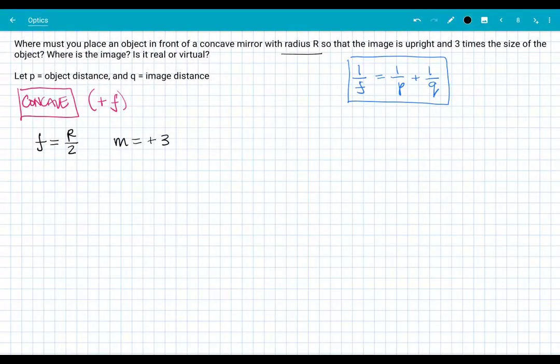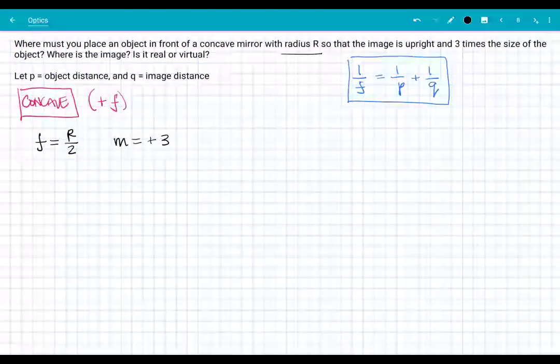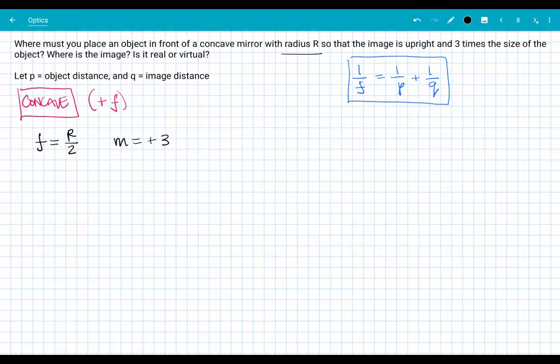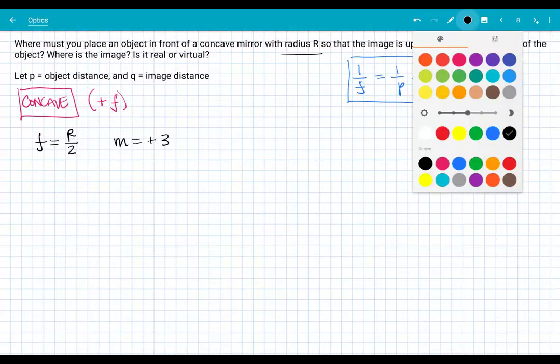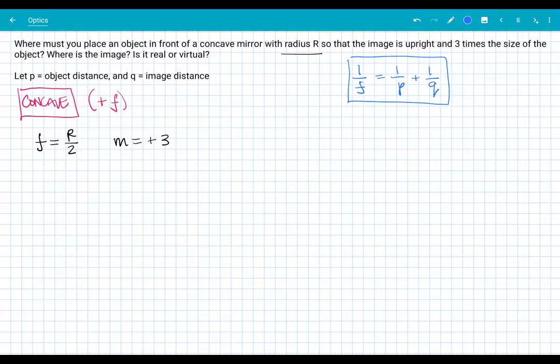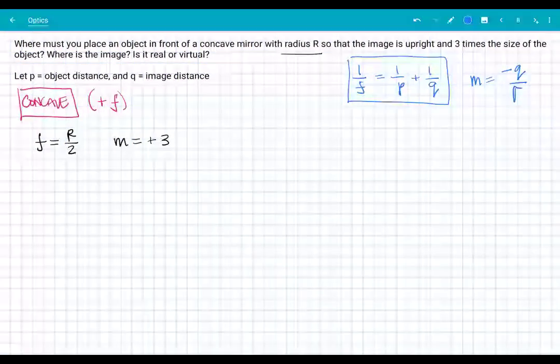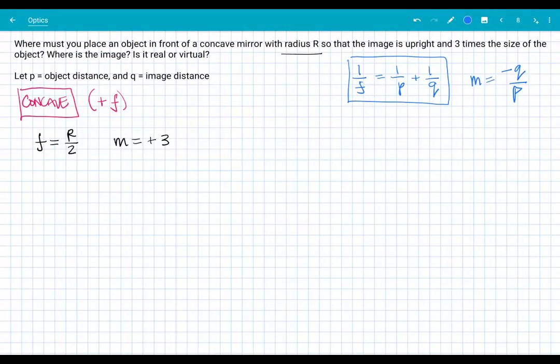Right away in these optics problems, when you're told this information, try to put it down in some type of equation that will help you. These equations are kind of small and have to be fitted together, but it's still important to have them on your paper. The magnification equation in general is m equal to negative image distance over object distance, remember?